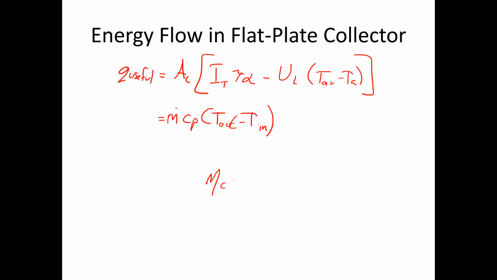Consequently, the efficiency of the collector will be quantified as the amount of useful heat transfer that's received divided by the incident irradiation from the sun. So if we plug the Q useful into this efficiency equation, we would end up with the following.